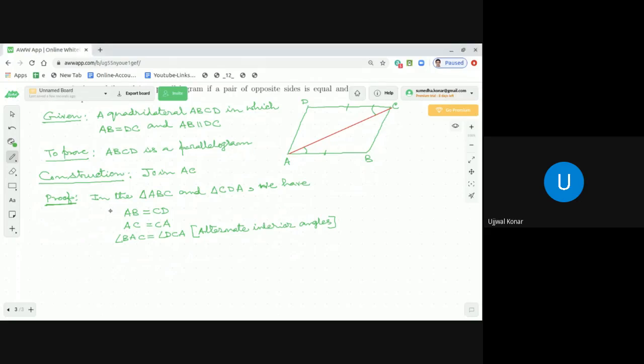So with these three pieces of information, we can conclude that triangle ABC is congruent to the triangle CDA. SAS congruence. Sorry. Sometime in the digital board I face problems.